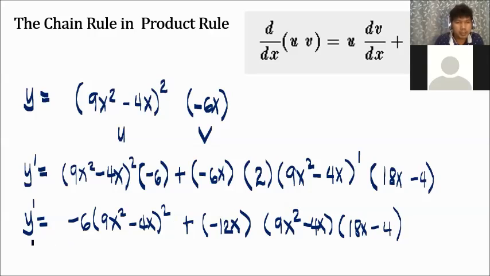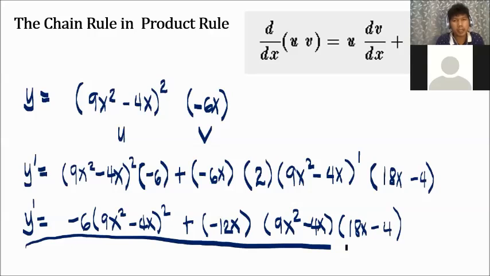So we can have this as our final answer. It's a bit long or lengthy, but it's okay. As long as the mathematics is correct, then we have no problem with it.